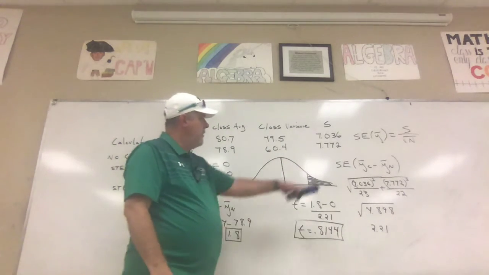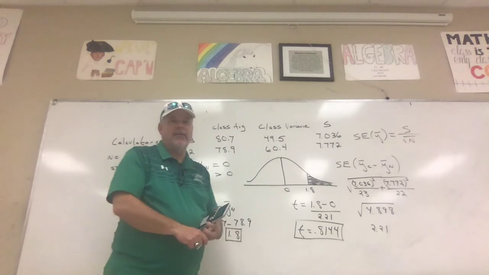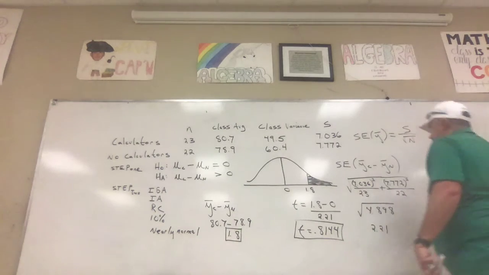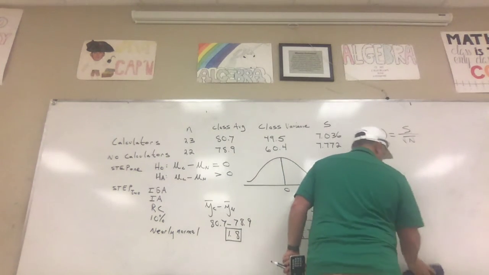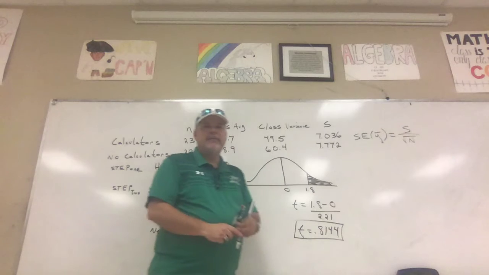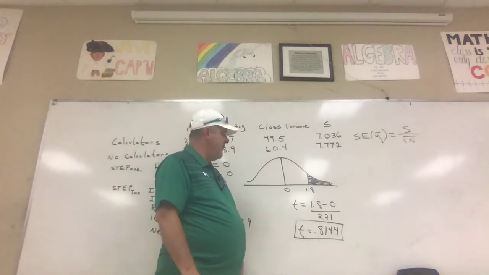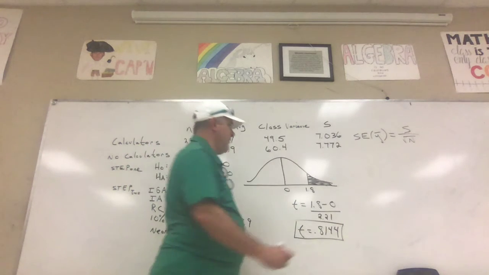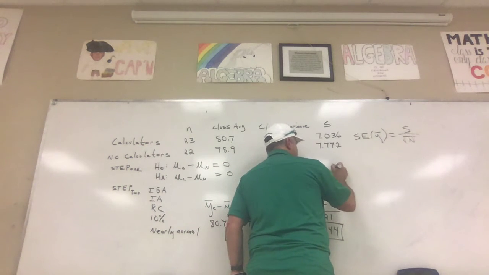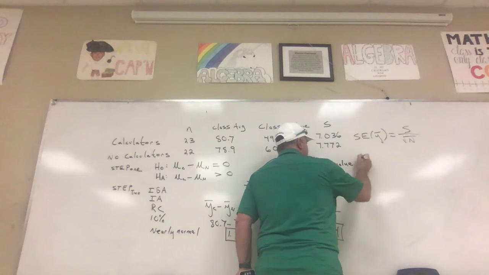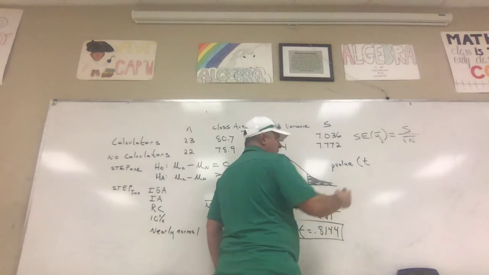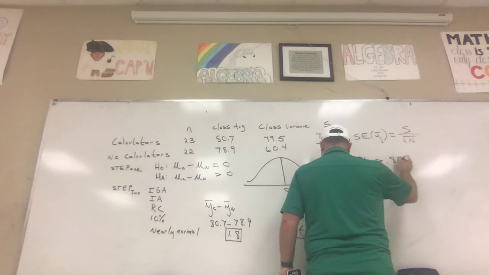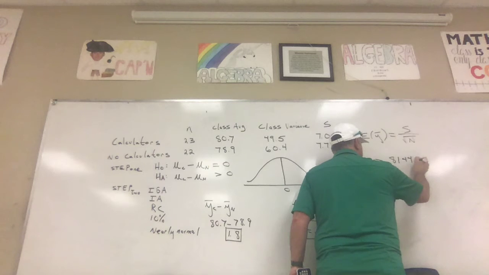Now I'm going to erase the standard error here just so I've got room to work. All we have to do now is change this 0.8144 into a p-value. So with the p-value for t, we'll talk about degrees of freedom, greater than 0.8144.